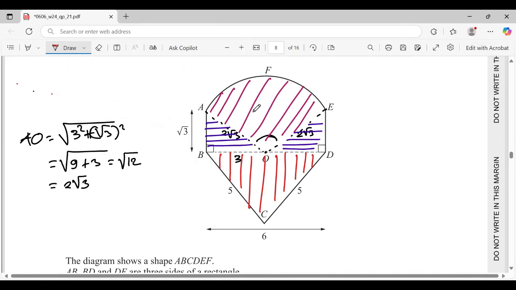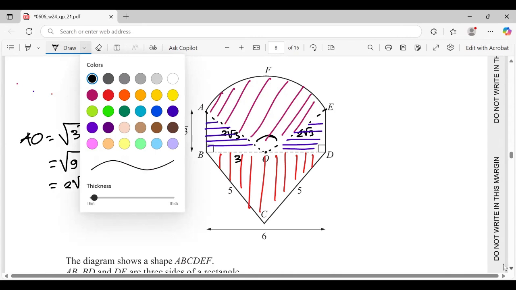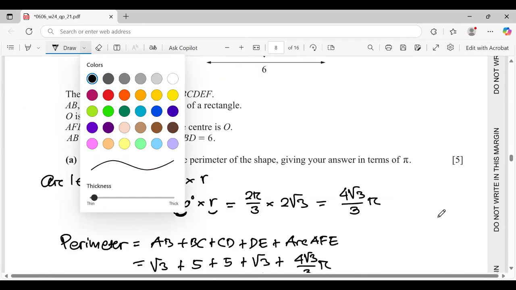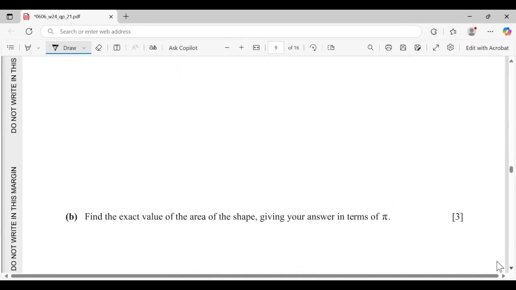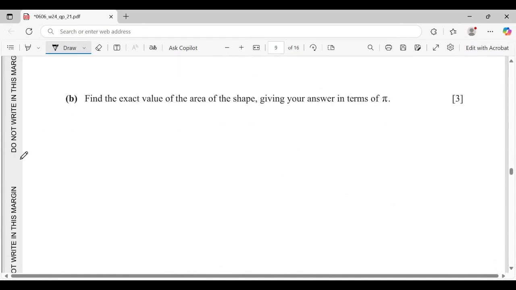Okay. First, area of this sector. Area sector AFE.